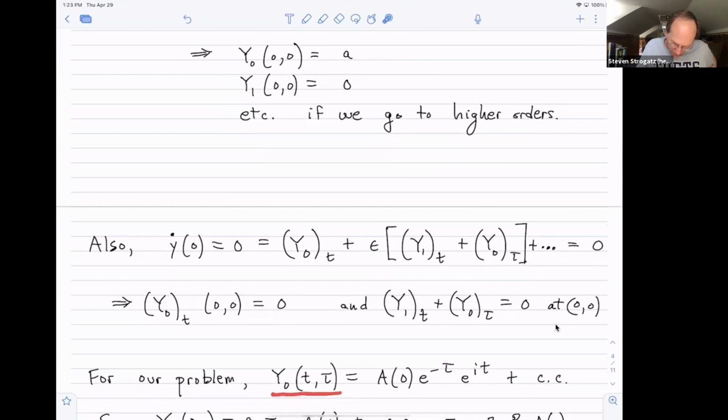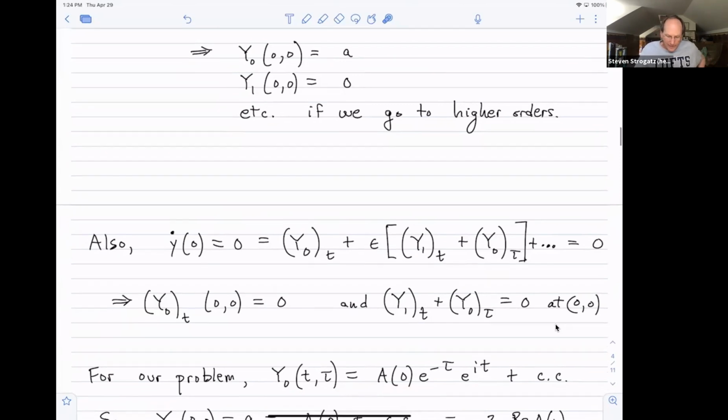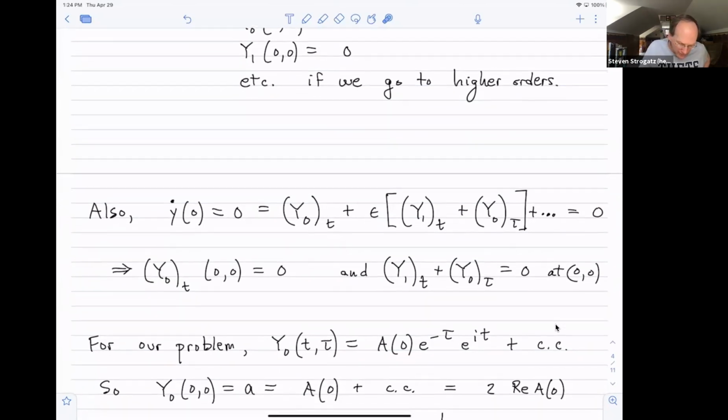We showed that y0 is just this exponential decay. Sorry, the amplitude is exponentially decaying. y0 is the A function times e to the it, plus its complex conjugate. So here's the e to the it, and here's the decaying amplitude A. Now when we impose time being 0, this whole thing is supposed to be A. That tells us it's A0 times e to the i0, which is just 1, plus the complex conjugate.